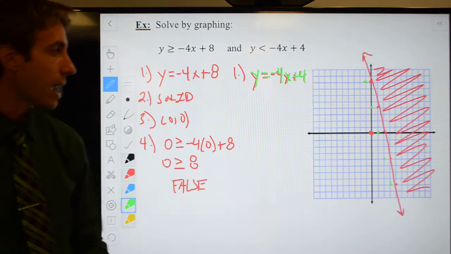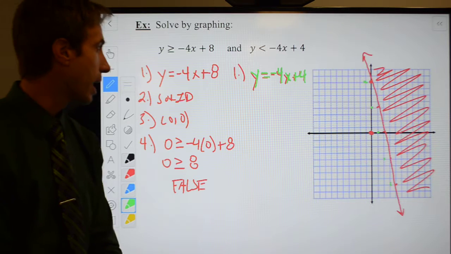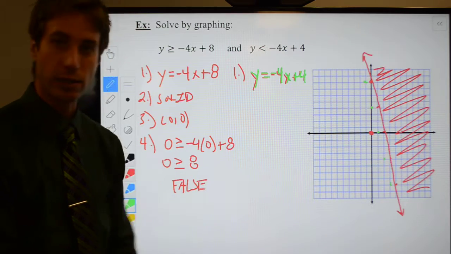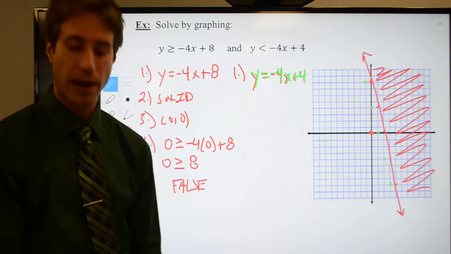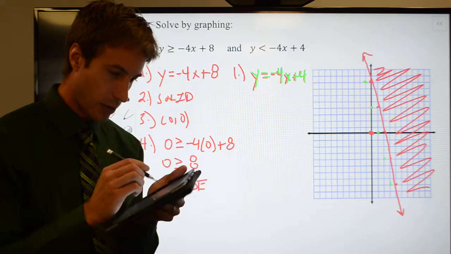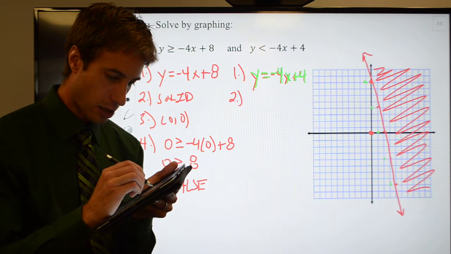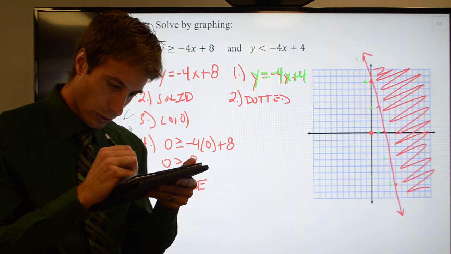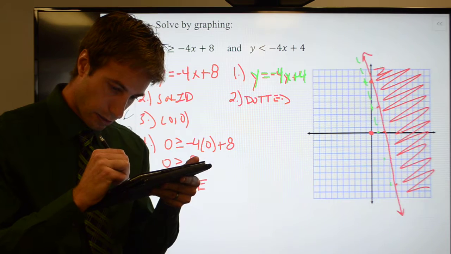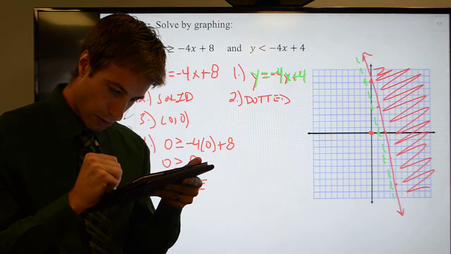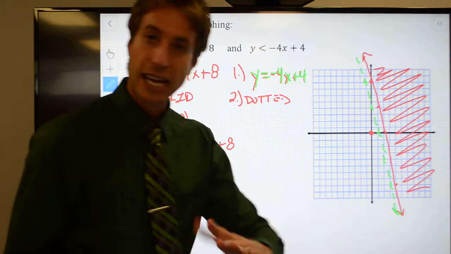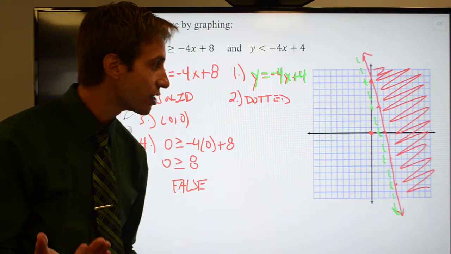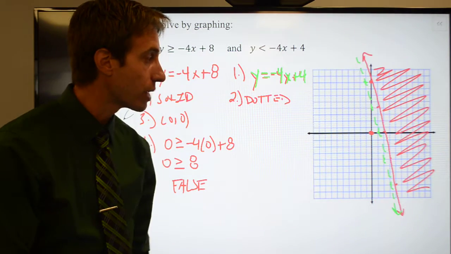Hopefully what you recognize here is that I have two lines with the slope negative 4 and different y-intercepts. These lines are parallel. So when I draw this line, which is going to be a dotted line, which runs right straight down through here, what I find is that those lines don't intersect. They'll never intersect each other. They are parallel lines.